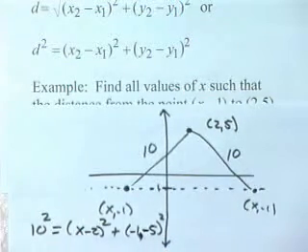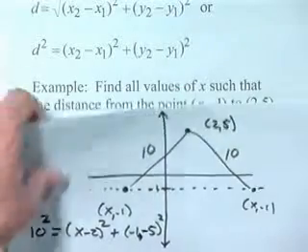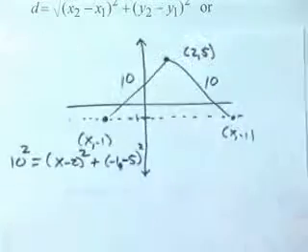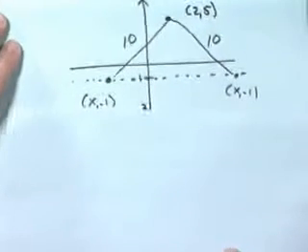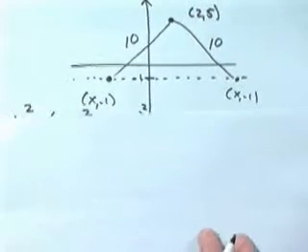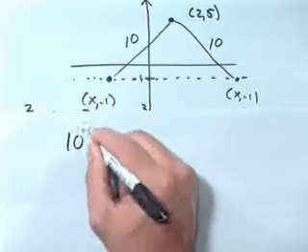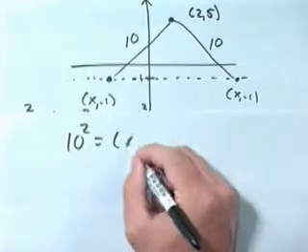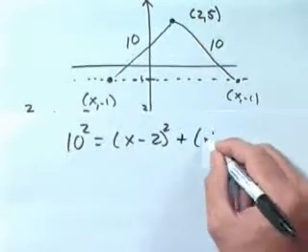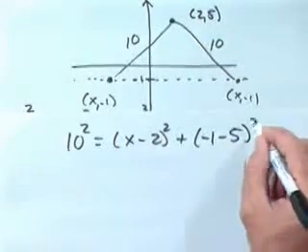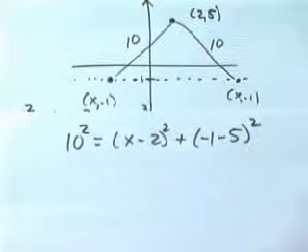Let me write that again, a little bit larger. Again, I'm going to take the distance between those two points, and I know it has to be 10. So 10 squared must equal (x minus 2) squared plus (-1 minus 5) squared. And let's attempt to solve for x.